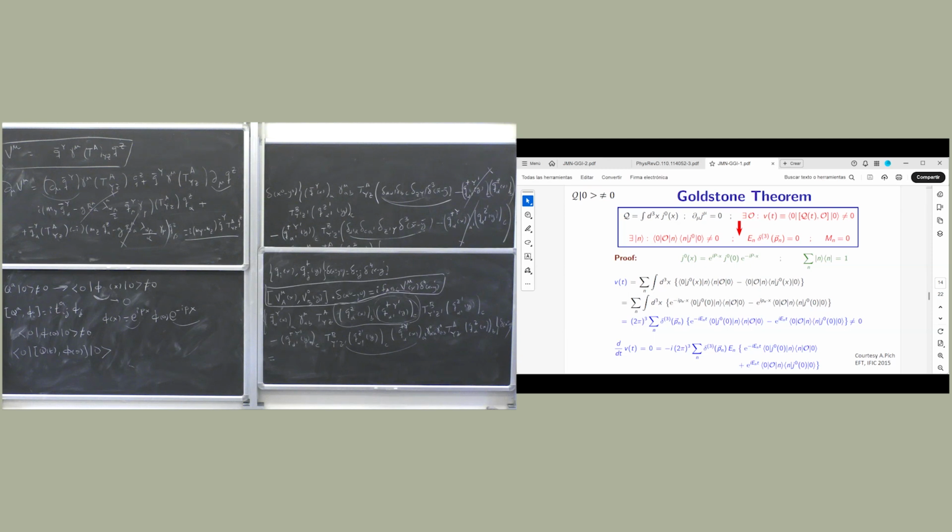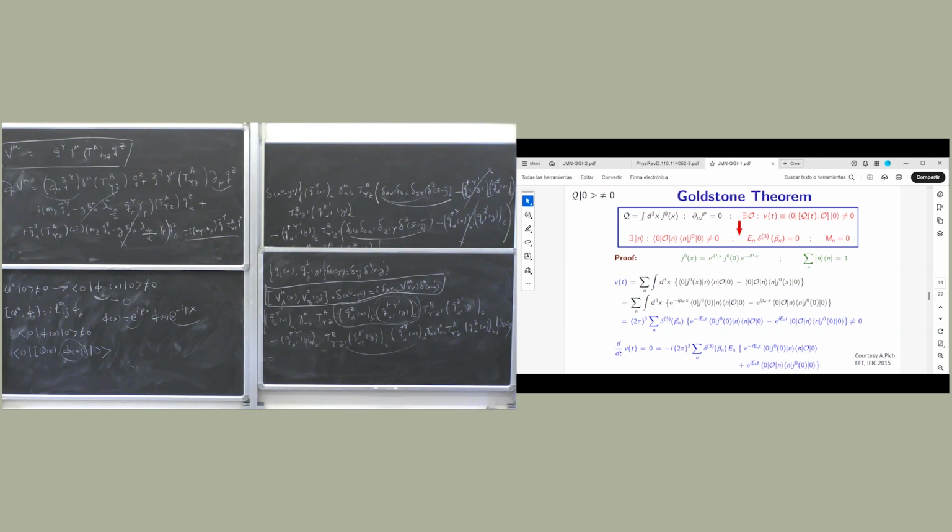The answer is no. Why? Because I have removed all time dependence in here, and Q is a conserved charge.